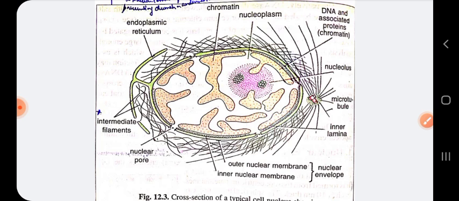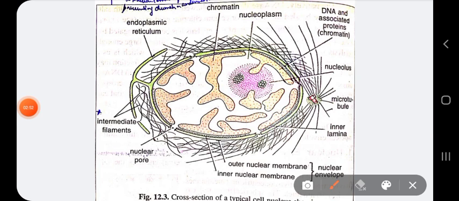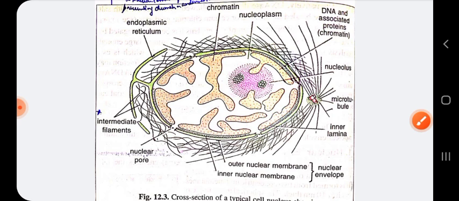Most nuclei are either spherical or oblong in shape. Oblong means it looks somewhat oval, like this. Here in the diagram, an oblong-shaped nucleus has been shown. Usually cells have one nucleus, but at times there may be multinucleated cells as well.